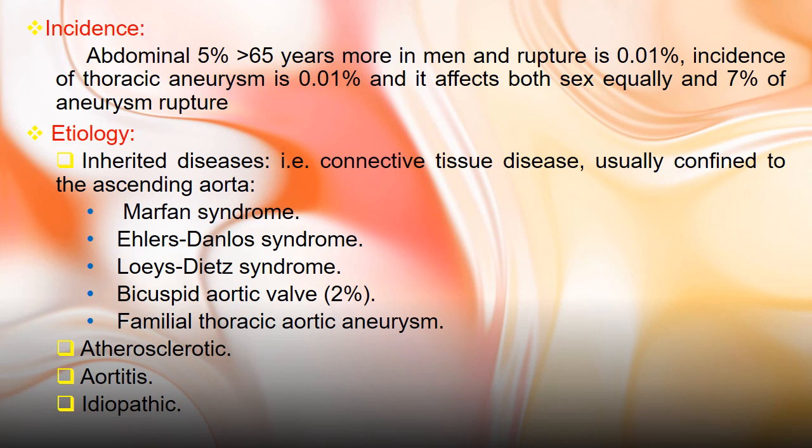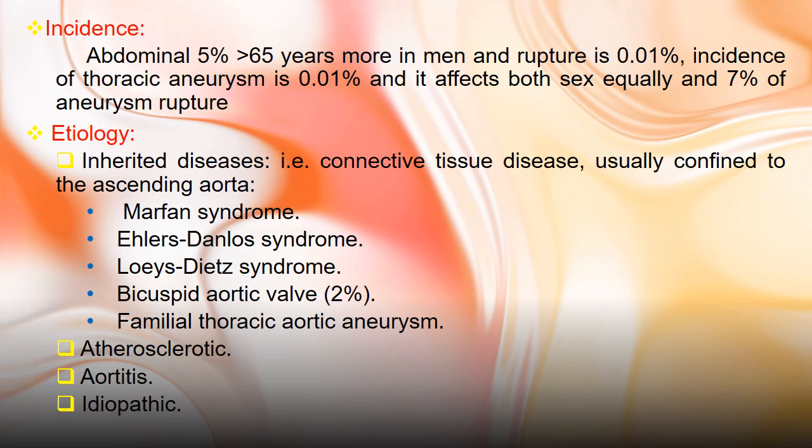Regarding the etiology of aortic aneurysm, as we said before, the inherited diseases come first and usually affect the ascending aorta. They include Marfan syndrome, Ehlers-Danlos syndrome, Loeys-Dietz syndrome, bicuspid aortic valve, and familial thoracic aortic aneurysm.